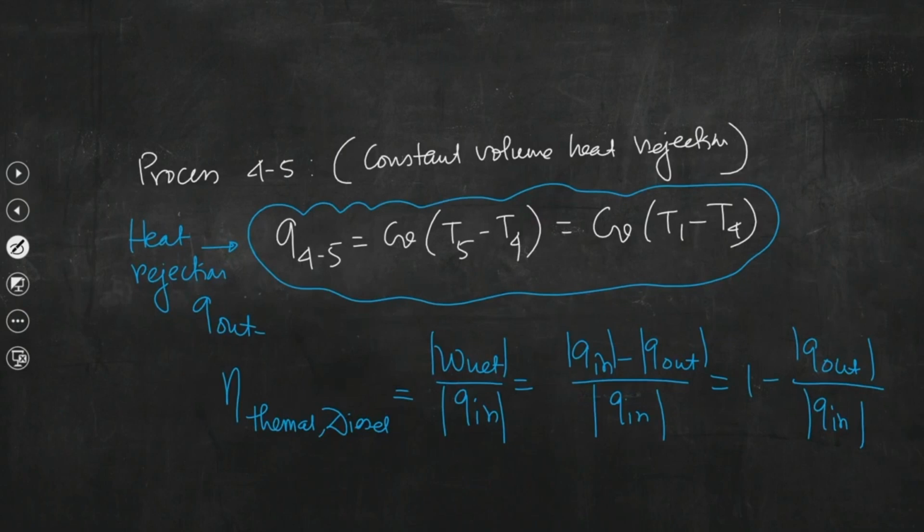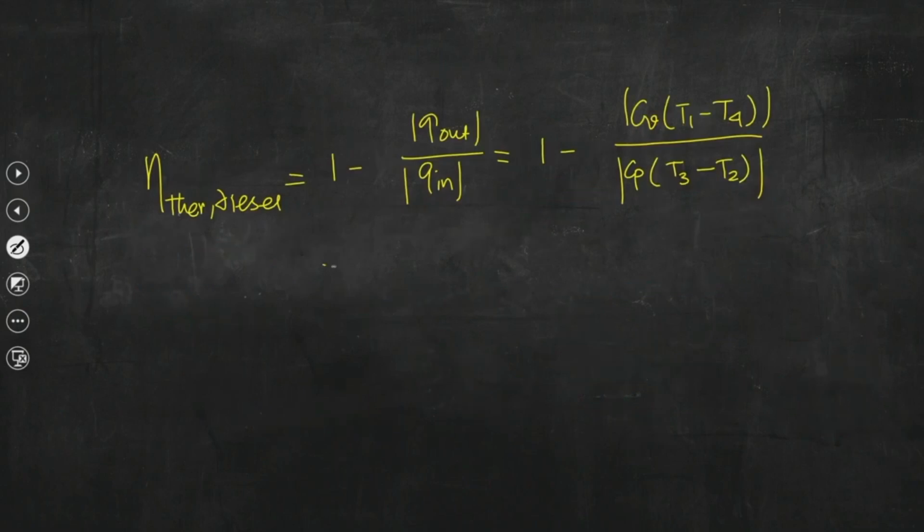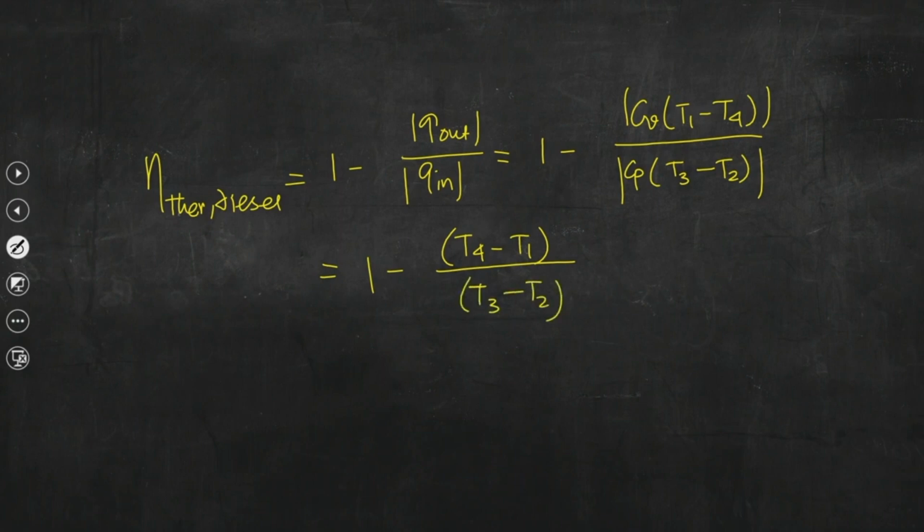So, that is what I have written over here. Okay, so I can write that as 1 minus T4 minus T1 divided by T3 minus T2 into Cp by Cv.